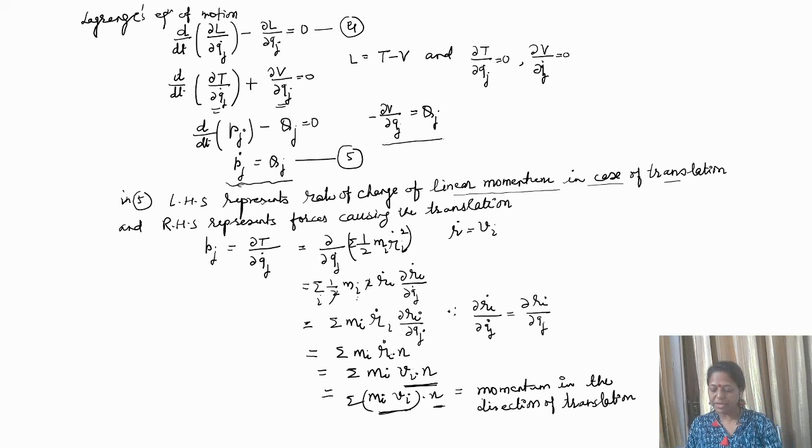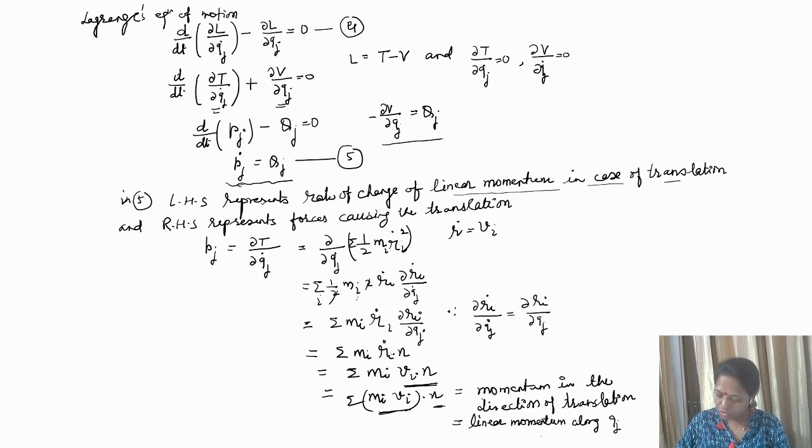So when it is momentum in the direction of translation, it simply means it is linear momentum along qj. So we have shown that Pj is nothing but the linear momentum along qj.